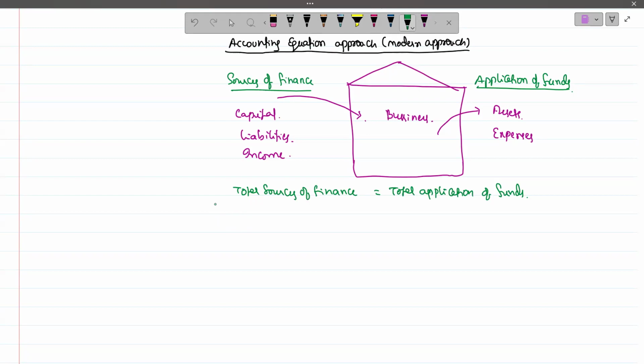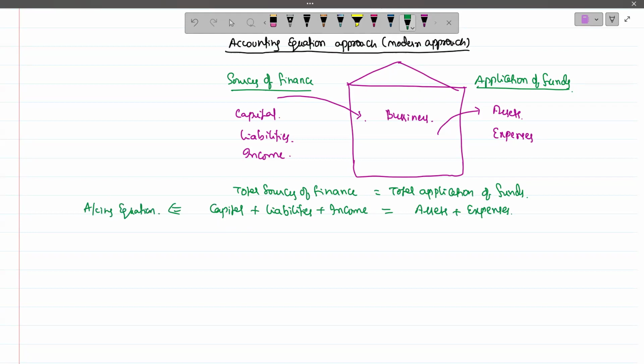Sources of the finance here is nothing but what? Capital plus liabilities plus income. Applications are nothing but what? Assets and expenses. And this is called what? Accounting equation.